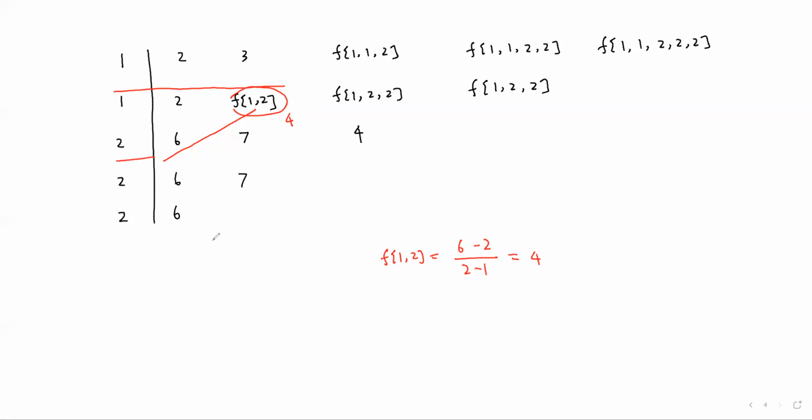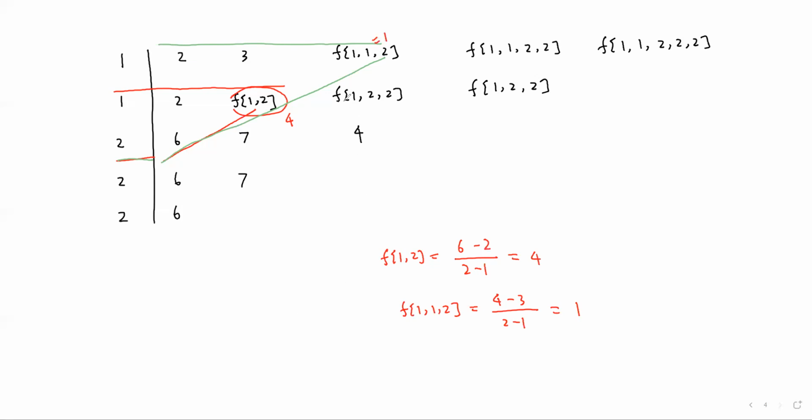Draw a triangle. F[1,1,2] is equal to 4 minus number 3, over 2 minus 1. Yeah, this number is 1.